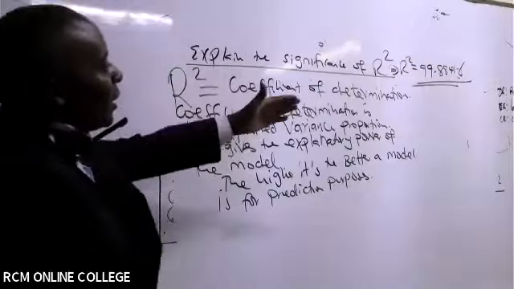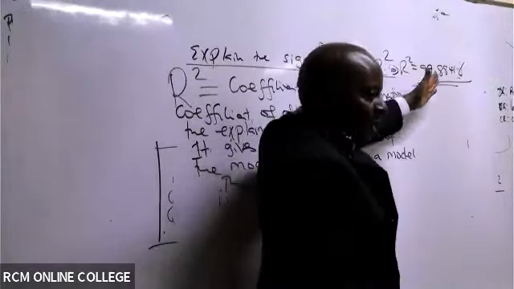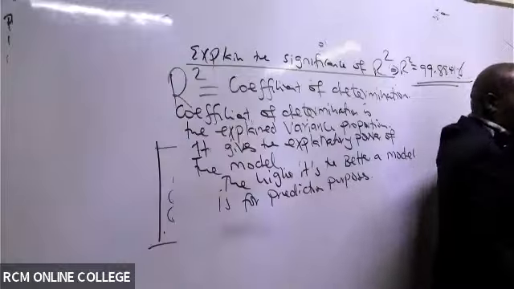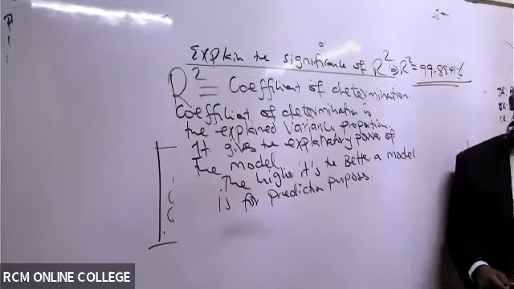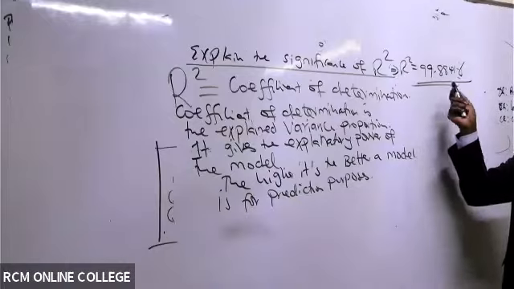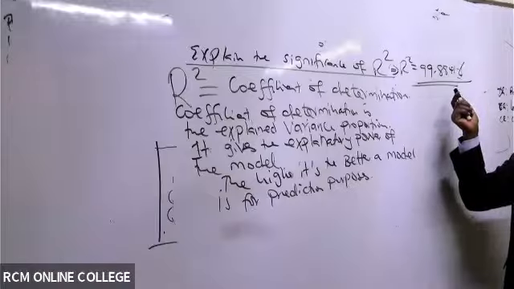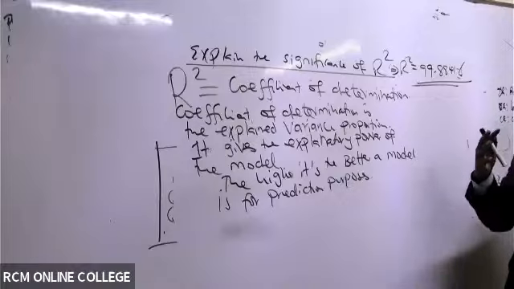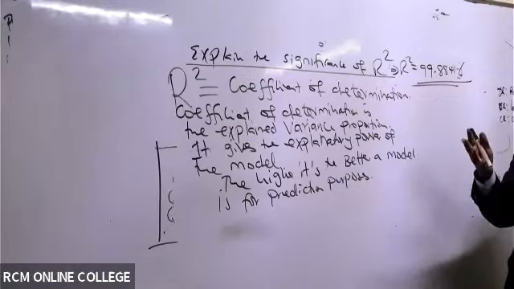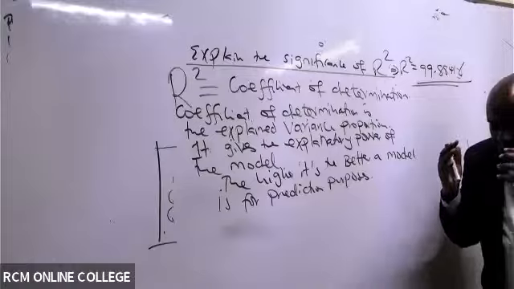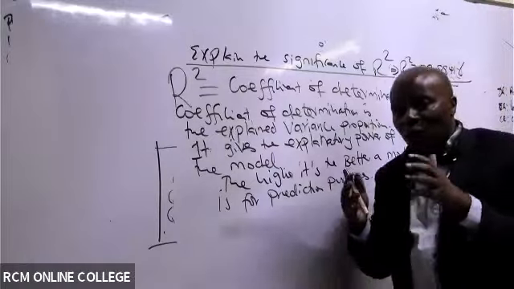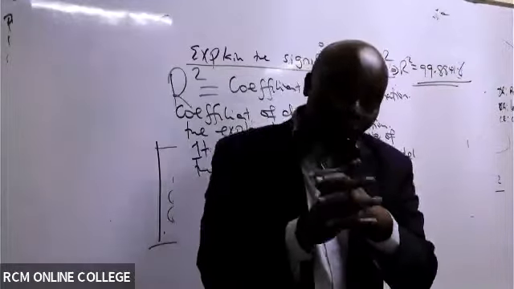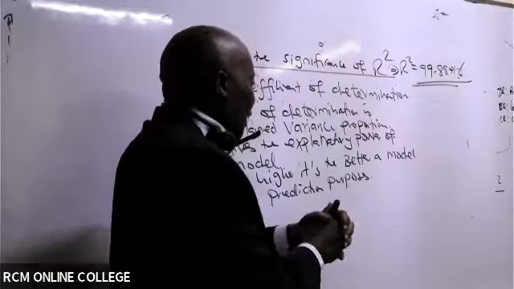You can see this is almost 100%, because 100% is the highest level for R squared. This is very high, meaning that our model has a very high explanatory power. So it means automatically that the predictions that this model will give us will be very accurate.